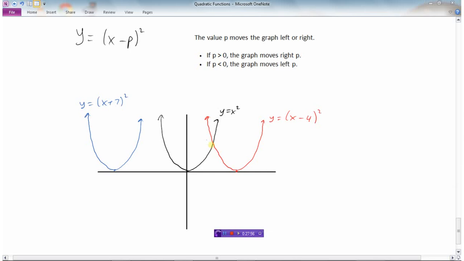So if I make p 4, I'd get x minus 4 squared, the graph would go to the right 4. And if p is less than 0, so if I make my p minus 7, I'd get x minus minus 7, which is x plus 7. So the graph would move left p. In this case, x plus 7, the graph moves left 7.